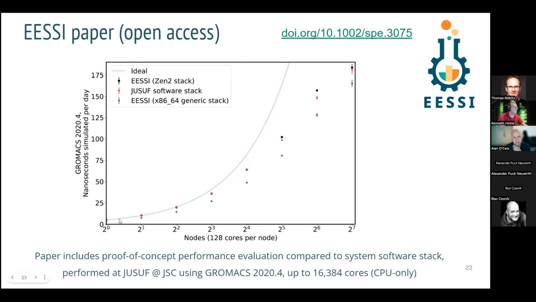We can see basically that, and this is perfect scaling. The line that goes up here is perfect scaling. We obviously lose that perfect scaling after some point, but that's not important. What's important here is that the performance of the EESSI stack is the same or very comparable, and in some cases, as we get later on, even better than the host software stack.